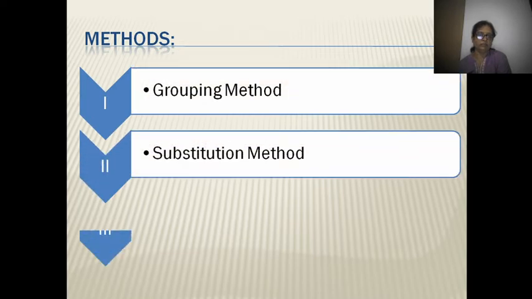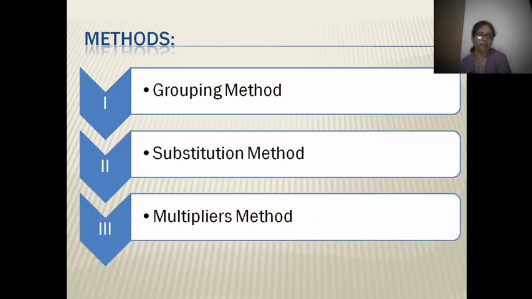Here we apply three methods for finding two solutions of this equation, any combination of these. That means first is grouping method, second is substitution method and third is multipliers method. We can find out first solution by grouping method and then second by substitution method, or first by grouping, second by multipliers. That means any combination of these three methods.